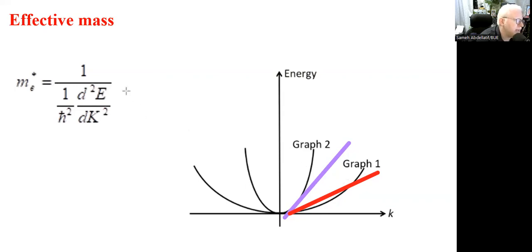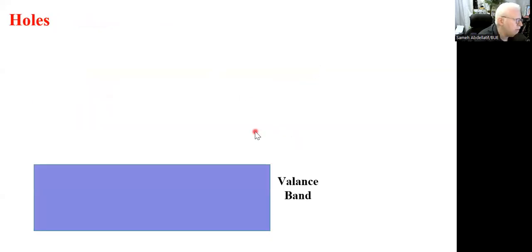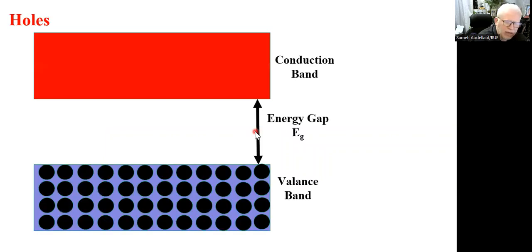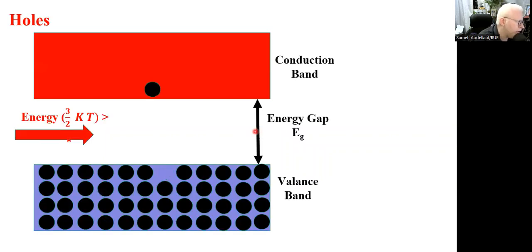Then that means that the effective mass for the red particle in graph number one is higher. So we call this a heavy carrier, and the one in purple is a light carrier. Later on, we will describe more about the effect of having a light carrier and a heavy carrier.